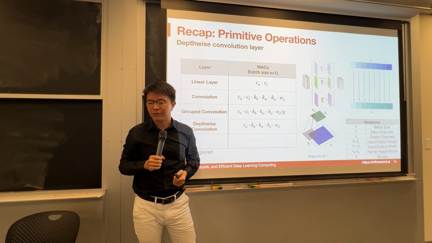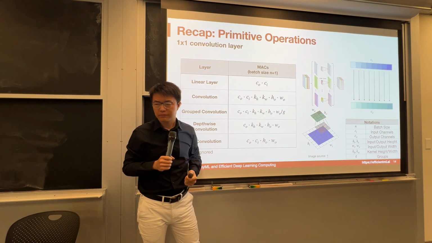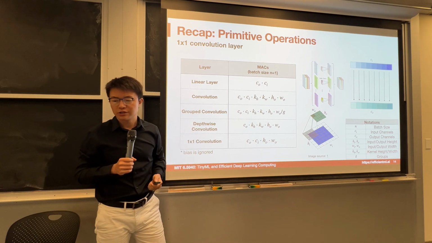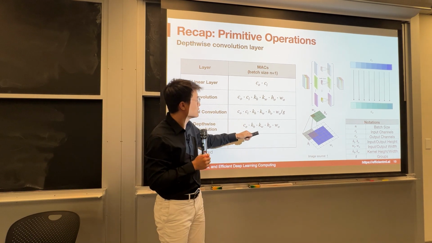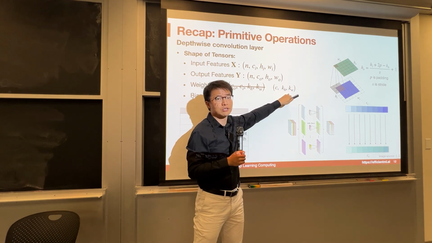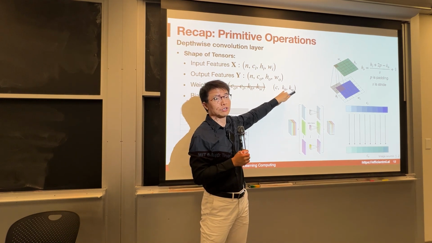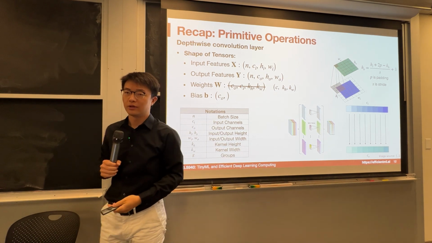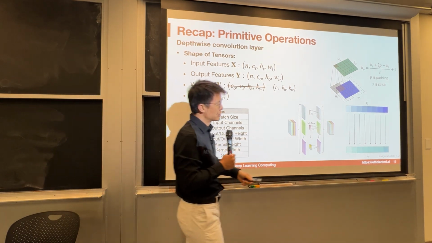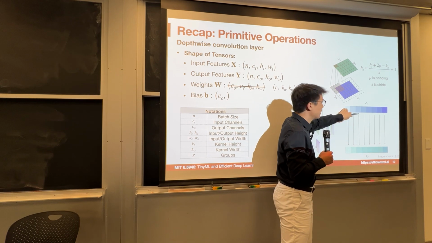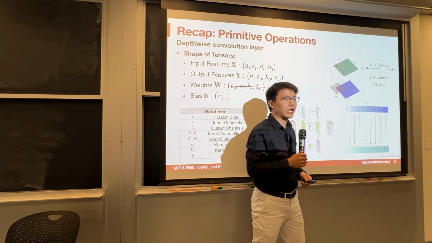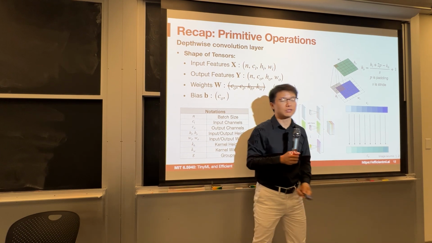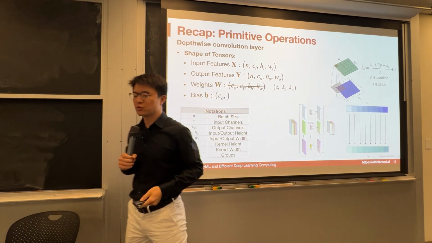So rather than having four dimensions, now we only have 3 dimensions for the kernel. We only have the kernel height, kernel width, and also the channel. So in this case, each channel only depends on the input channel corresponding to the same channel number. It's no longer dependent on other channels. So that's the depth-wise convolution.